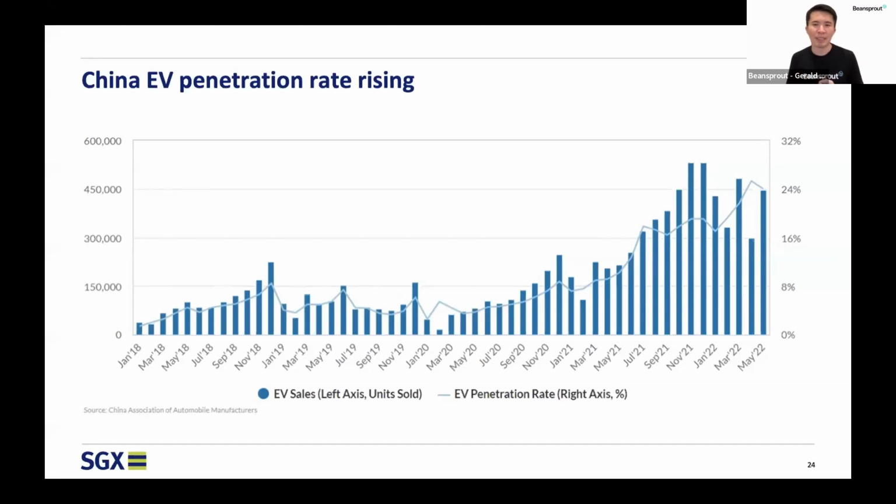But what has also happened is that if he or she is going to buy a vehicle, the likelihood that it's going to be an electric vehicle has actually increased over the course of this year. So this once again reflects the structural trend in the electric vehicle market, because that reflects the increasing adoption of the consumer towards electric vehicle.